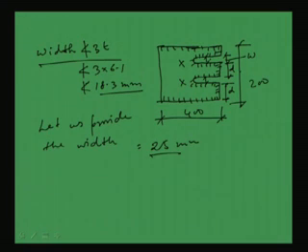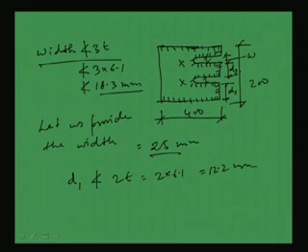Again, the edge distance given by the code, suppose this is D1 and let this one be D2, the edge distance D1 also should not be less than 2t, that means 2 into 6.1, that means 12.2 mm. So this distance should not be less than 12.2. So we can provide, say, 50 mm, because the total is 200. So let us provide D1 equal to 50 mm.